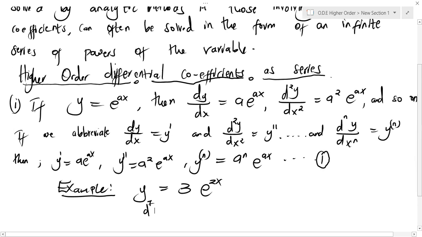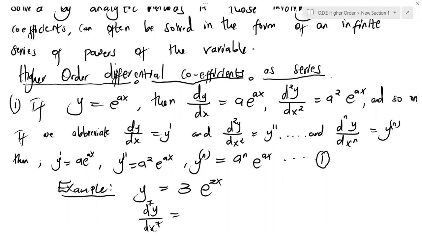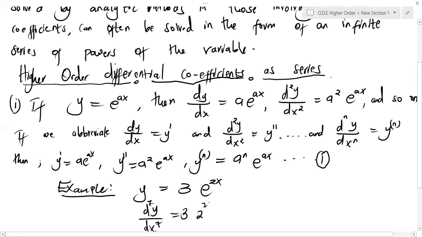So if we need to get the 7th derivative, d7y/dx7, then using the general formula, this would be 3 and then 2 raised to power 7.